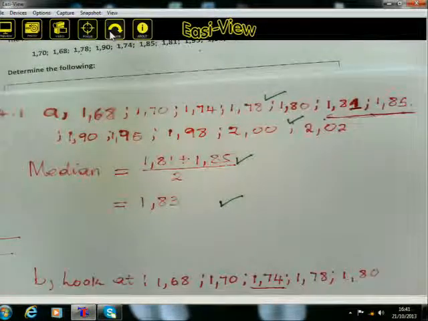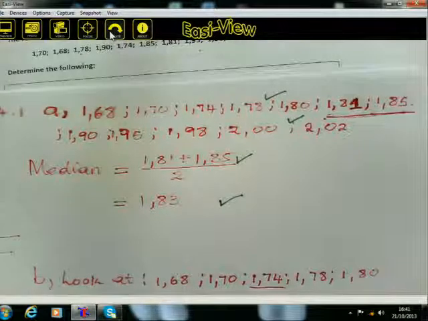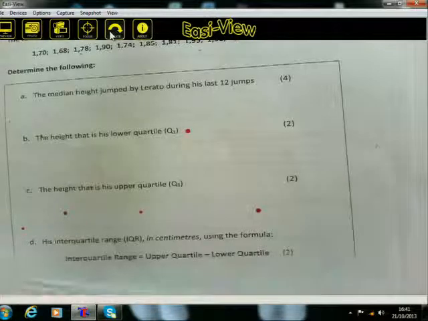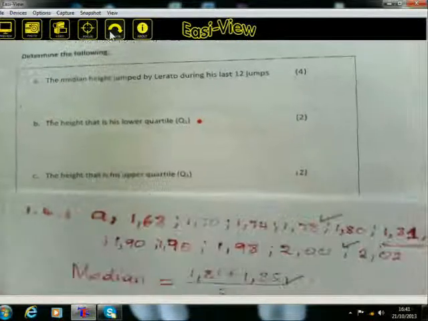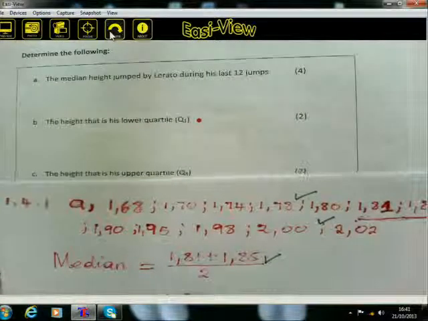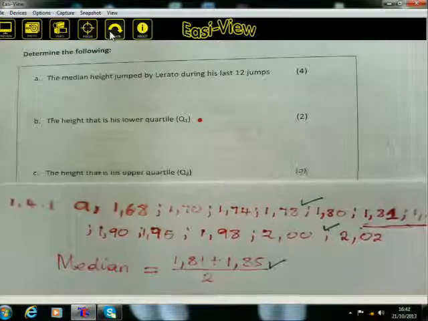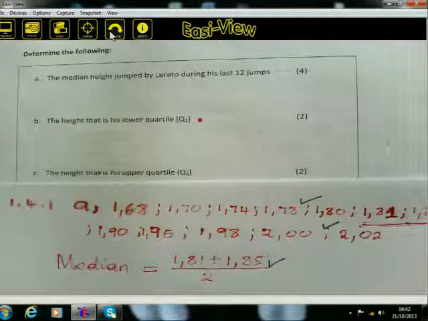So now we go to number C. Remember, you had to determine the height that is his upper quartile. In number B, you have calculated the lower quartile.